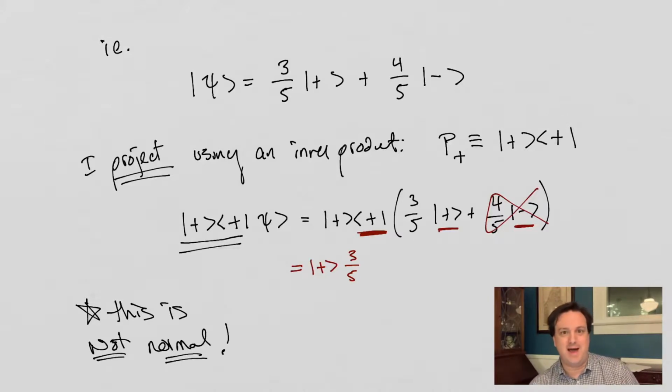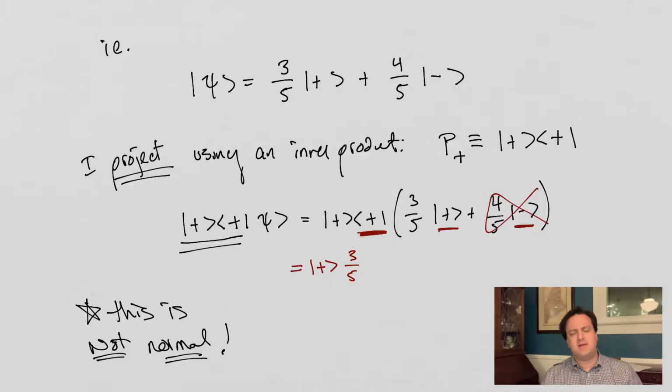It keeps the eigenvector in that direction, so the thing that I end up with is still a vector. But it's not a good vector, and this is important: it's not normal. The thing that comes out of this is not a normalized eigenstate. It's proportional to an eigenstate, but it is not a normalized vector.